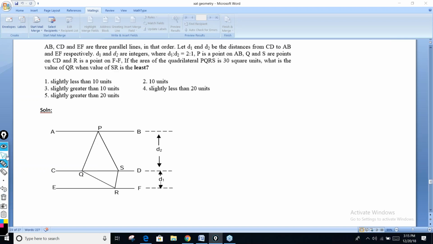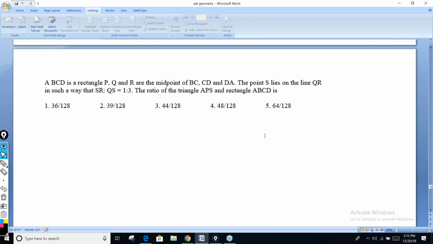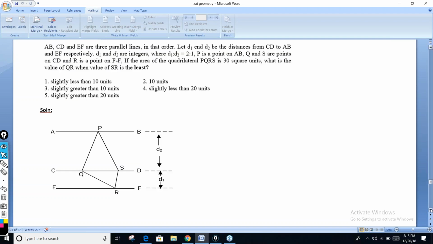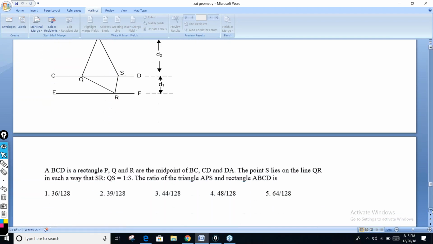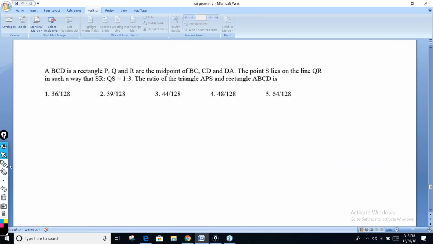Come to the next one. Yeah, this is the next one. ABCD is a rectangle. P, Q, R are midpoints of BC, CD and DA. Now this is a good question.